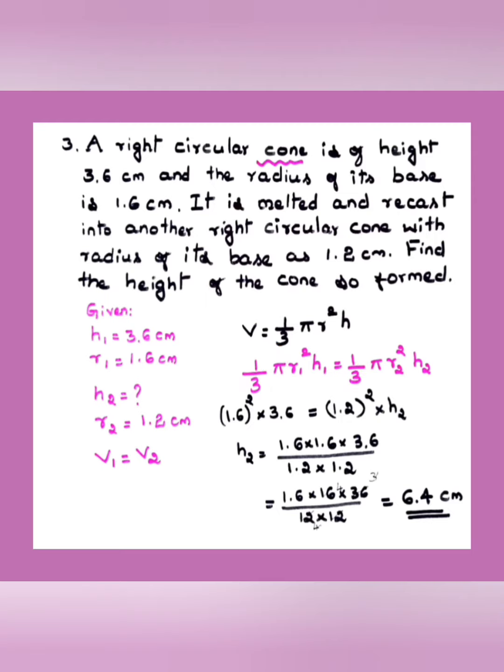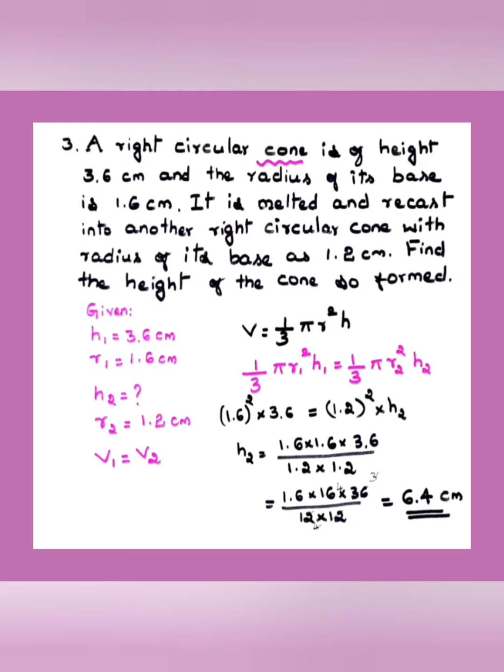Only what is remaining? R1 square into H1, R2 square into H2. So R1 square value is 1.6 whole square, you substitute. H1 value 3.6. On the other side, R2 value is 1.2 whole square, and H2 you have to keep as it is. We have to find it out, and hence you need not write this multiplication and substitute here.